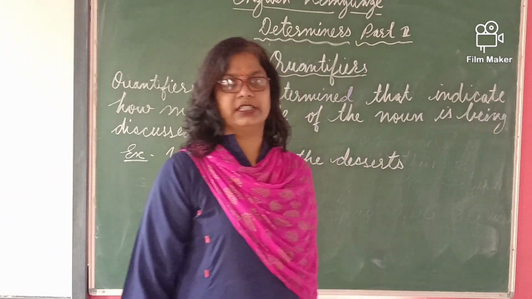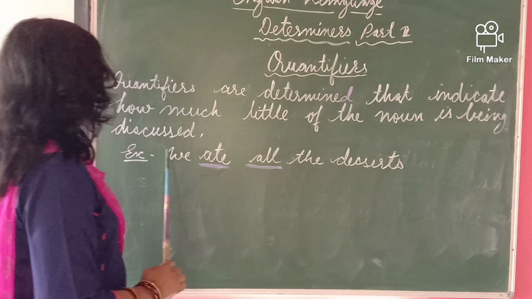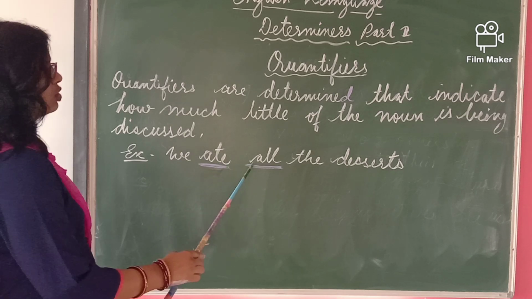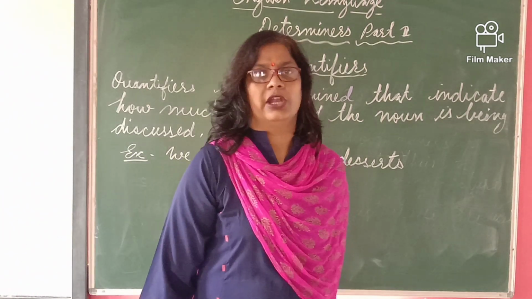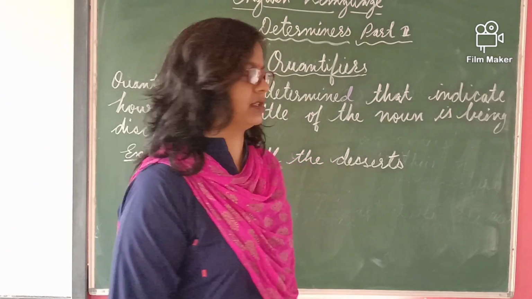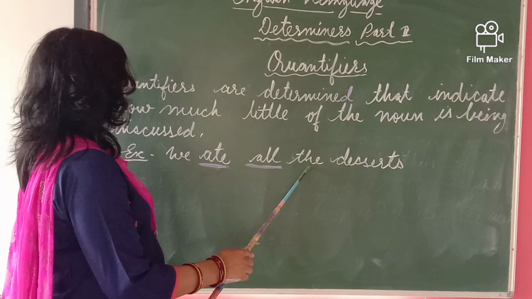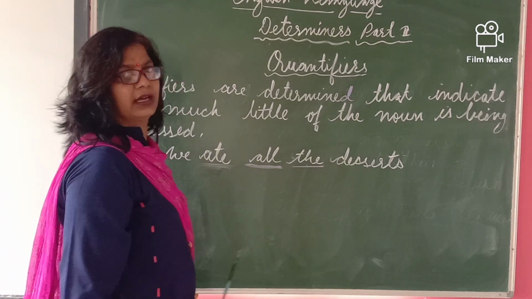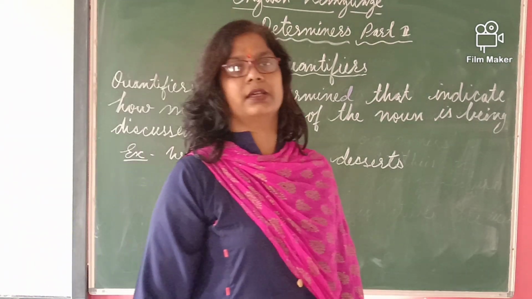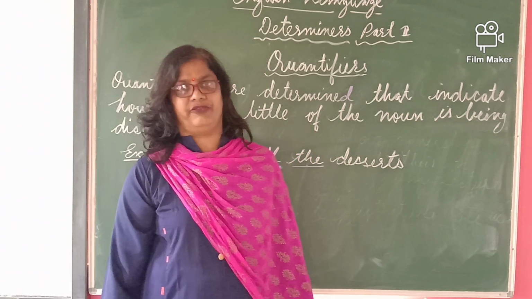put the quantifier determiners. See the example: we ate all the desserts. Here two determiners are used, all and the. The is an article determiner, and all is a quantifier.